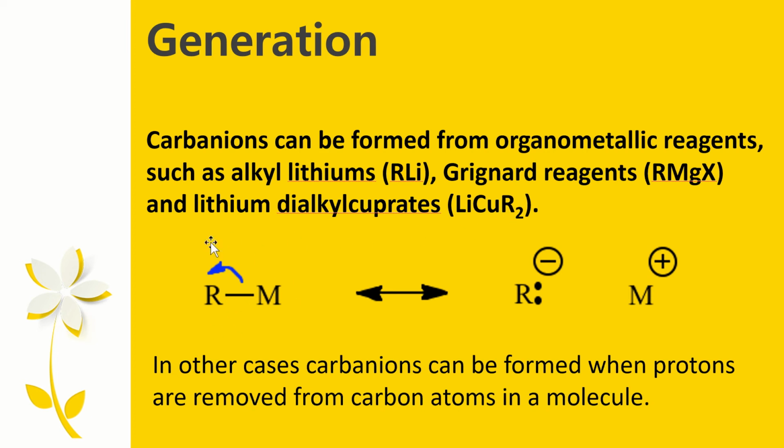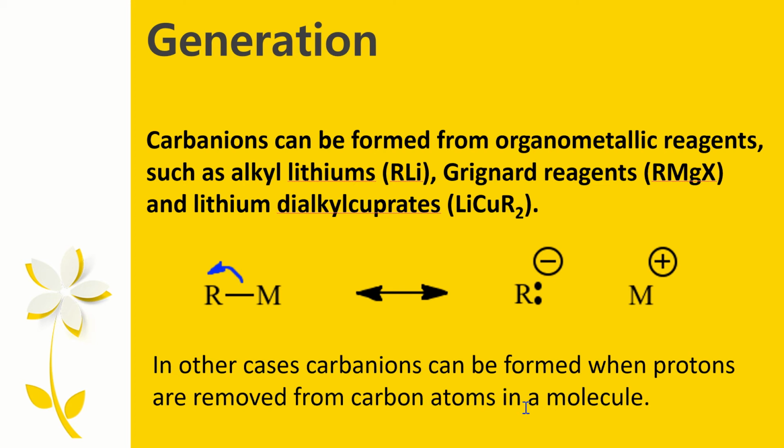So this is the mechanism in which the carbanion is generated. We start off here at this bond, and the arrow starts on the bond and ends on the R, which is the alkyl group. And so we end up with a carbanion and the metal that is positively charged. In other cases, carbanions can be formed when protons are removed from carbon atoms in a molecule.